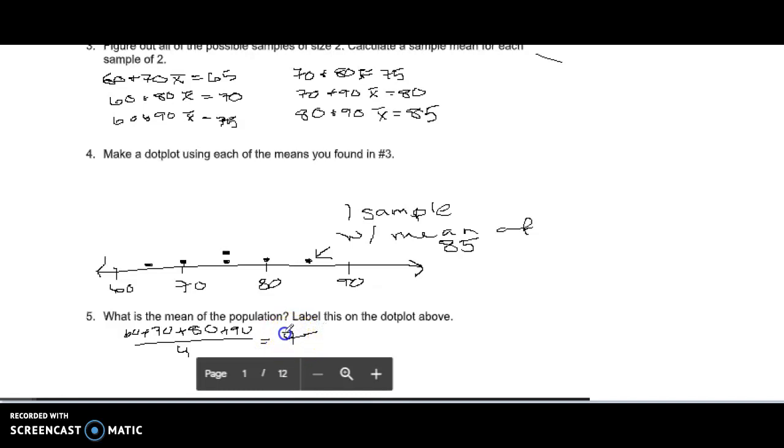Nope, why did I draw a 7? Nope, why did I say 85? Apparently Mondays are still true even when there's no children here. Okay, 60 plus 70 plus 80 plus 90, all divided by 4, is a mean of 75. That's my population mean, and this guy gets the symbol mu.